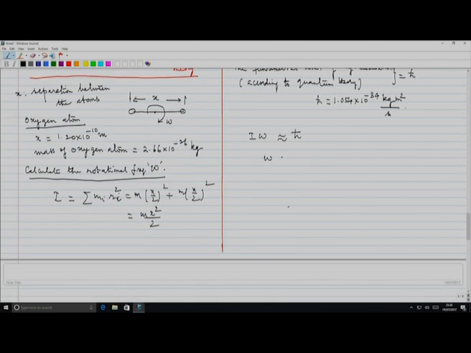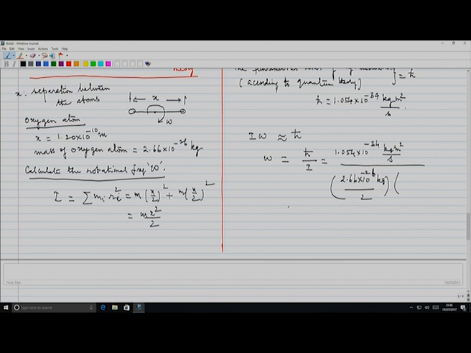Therefore, omega is equal to h cross divided by I, is equal to 1.054 into 10 to the power of minus 34 kilogram meter squared per second, divided by the moment of inertia, which I have calculated as m x squared by 2. m is 2.66 into 10 to the power of minus 26 kilogram, that by 2 into x squared.